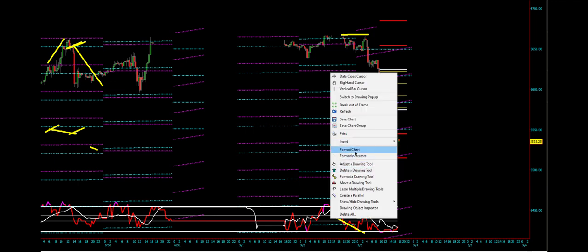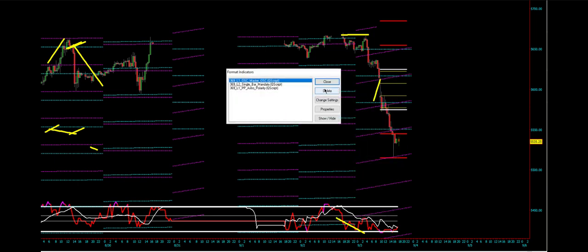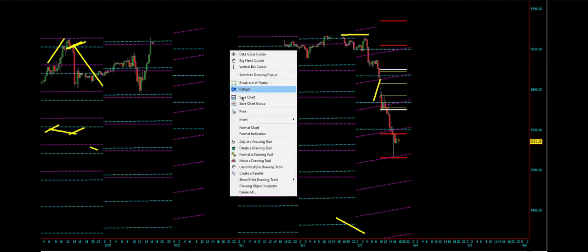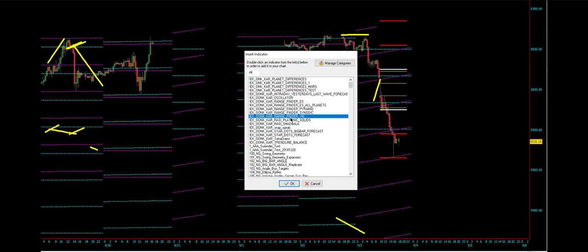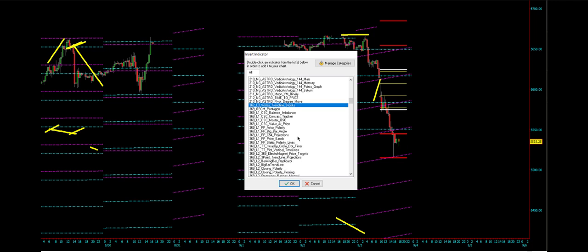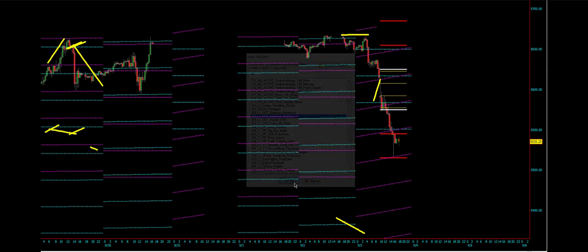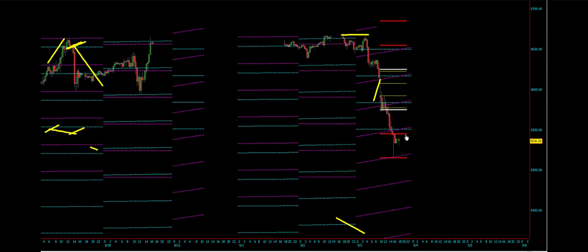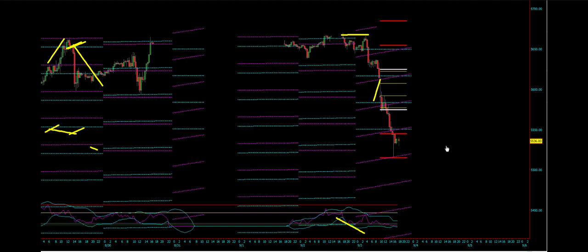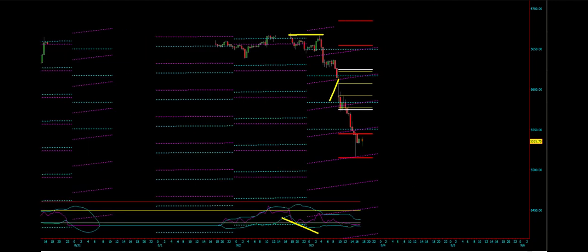Let's look at the contract tracking. Put it back again. So contract tracking says it's been heavily sold, as you can see here.